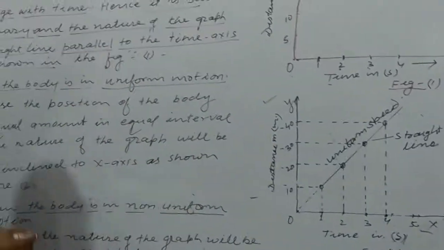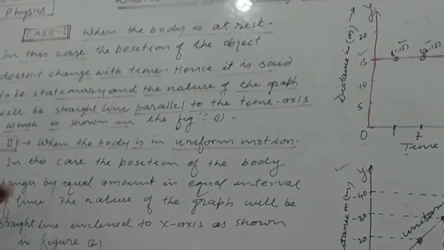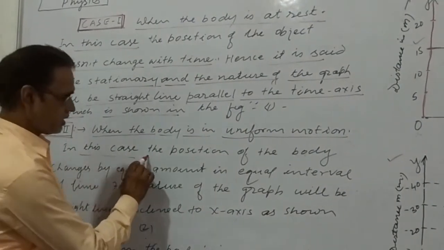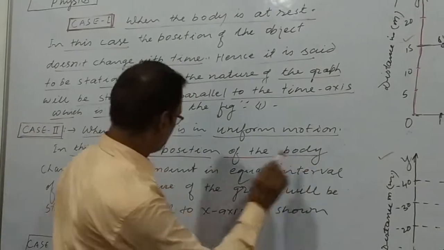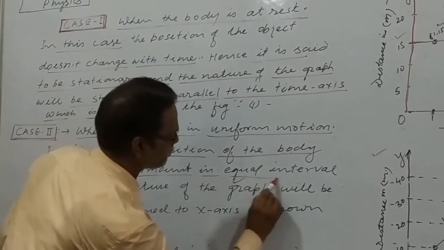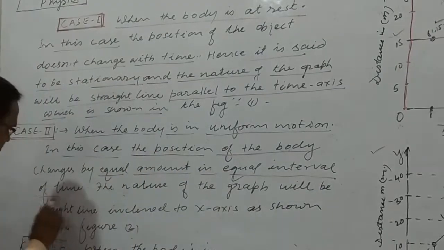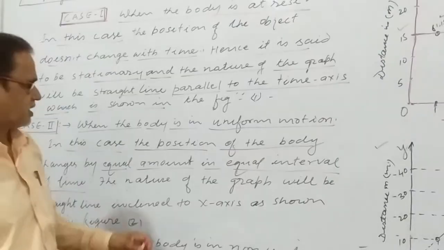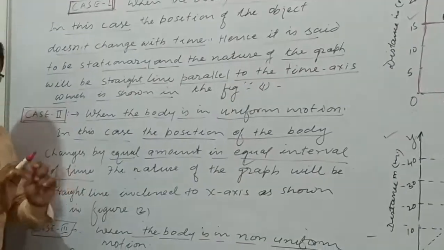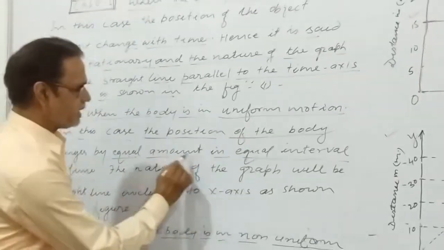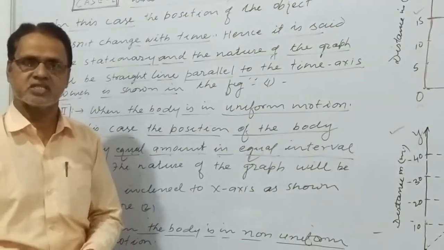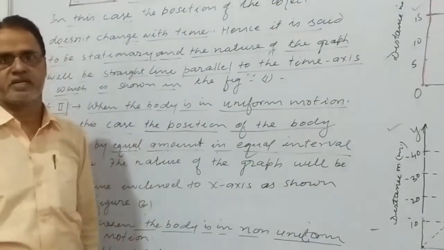When the body is in uniform motion, in this case, the position of the body changes by equal amount in equal interval of time. Okay, और कैसे चेंज कर रहा है? By equal amount in equal interval of time. In this case, the body covers equal distance in equal interval of time.